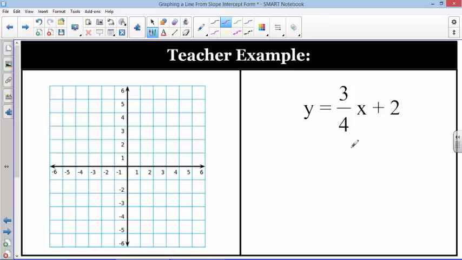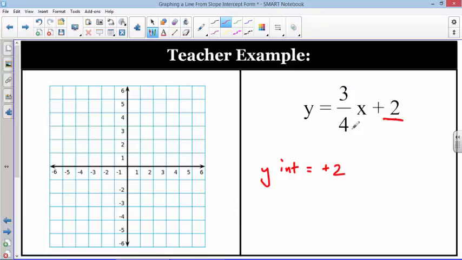Alright, so the first thing that we want to figure out is our starting point on the graph. To do that, we use what we call our y-intercept, otherwise known as our b value. So here we have a plus 2, so we know that our y-intercept is a positive 2. I'll label that y-intercept, plus 2.